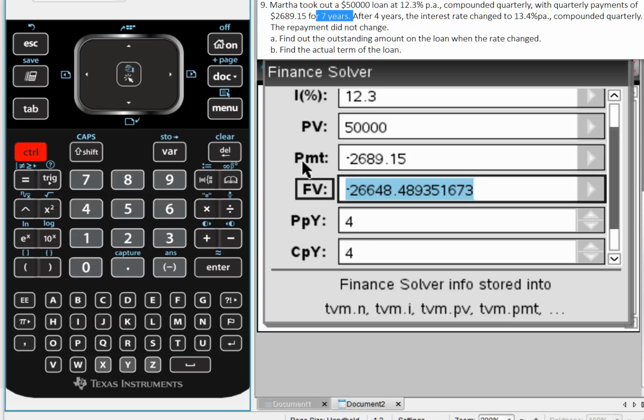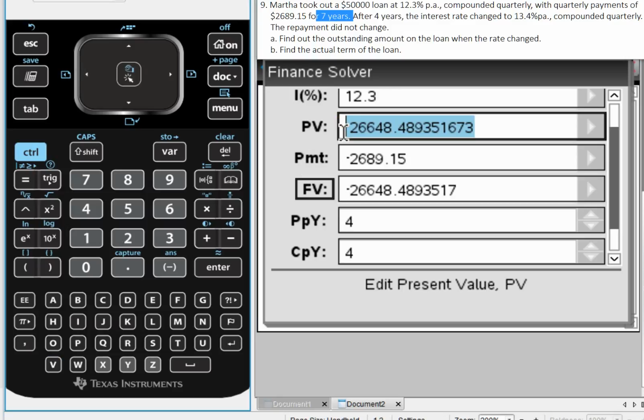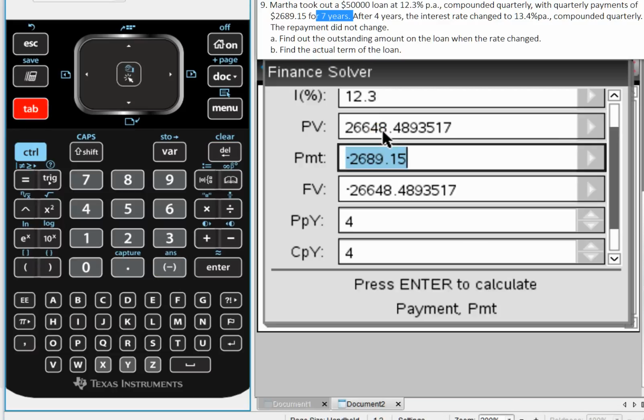And again, we can copy and paste that, but we've got to be very careful. We need to make sure that that value becomes positive, because it is now the present value of the loan.